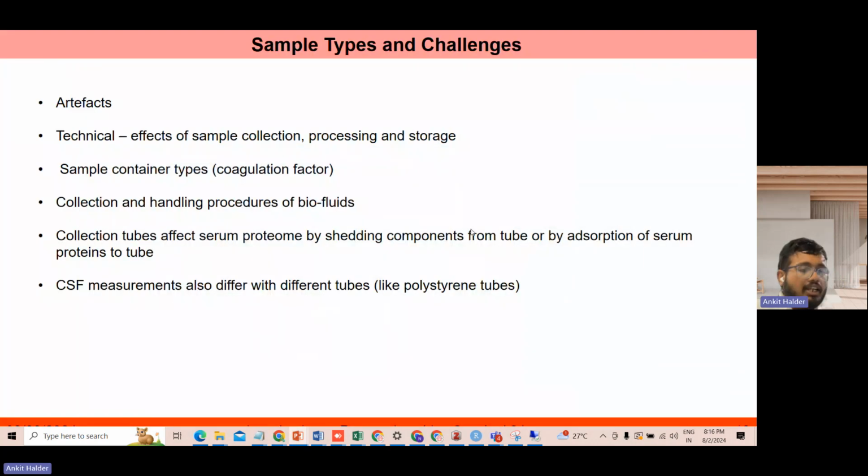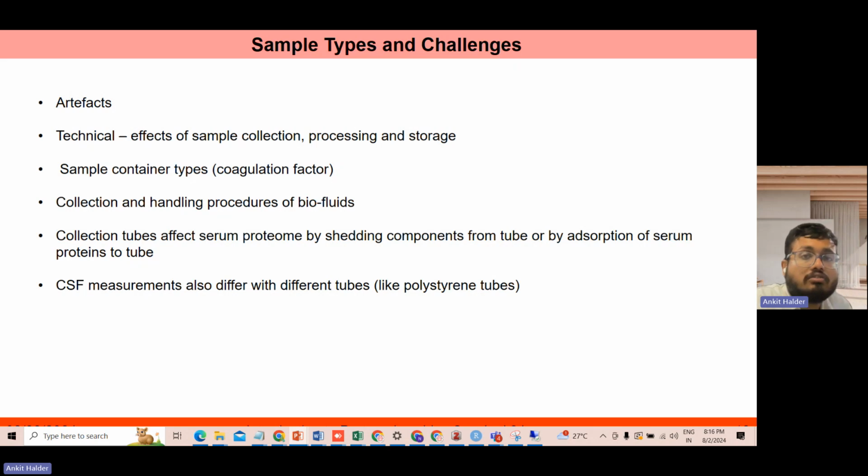Okay. So what I was going to say is that when we are taking the samples, it becomes very, very important. The procedure of sample collection, right from the beginning, be it a clinical sample, a plant sample, or any kind of sample, it is quite important to have an effective sample collection procedure, processing and storage. The maintenance of the right temperature and right storage condition is quite important.